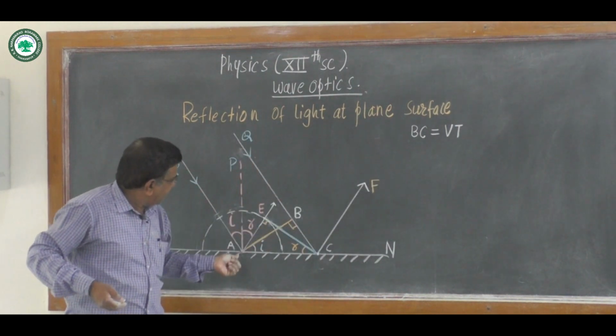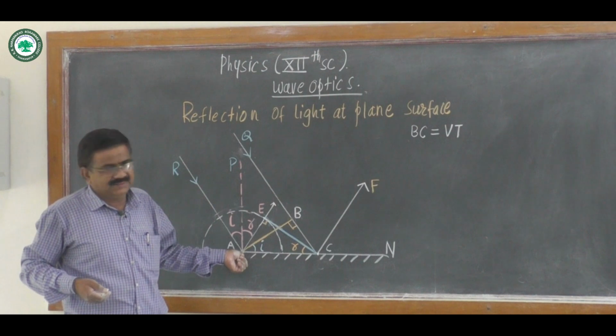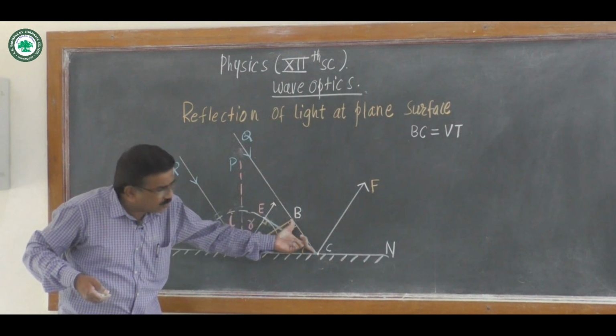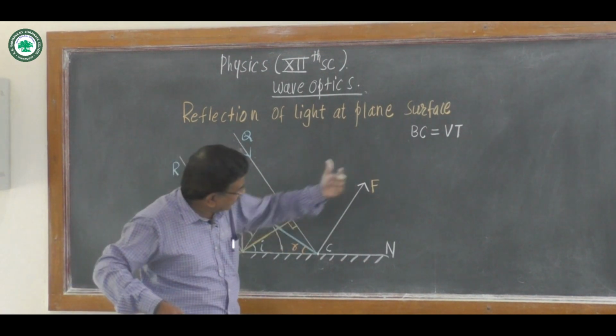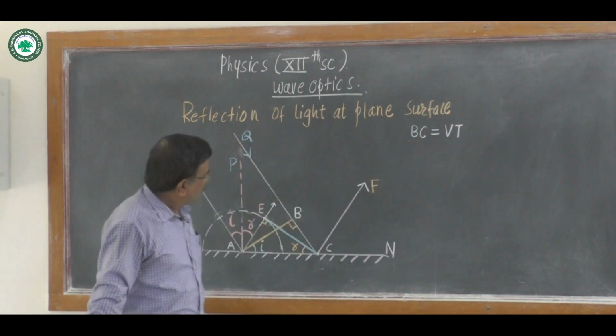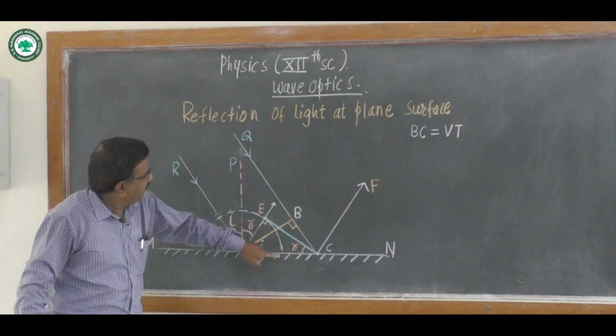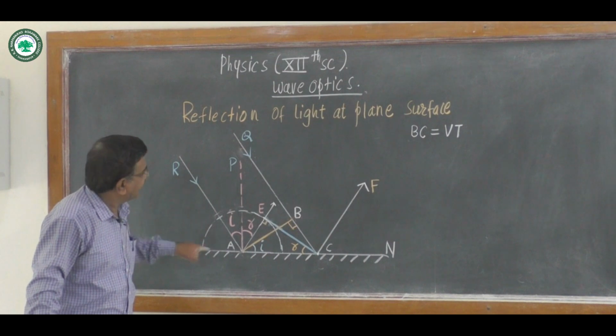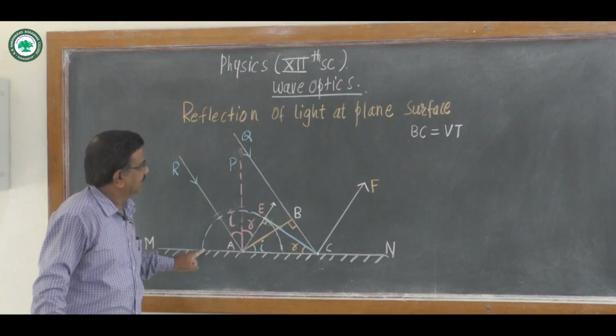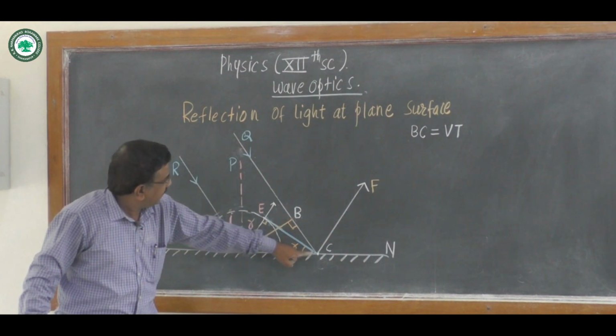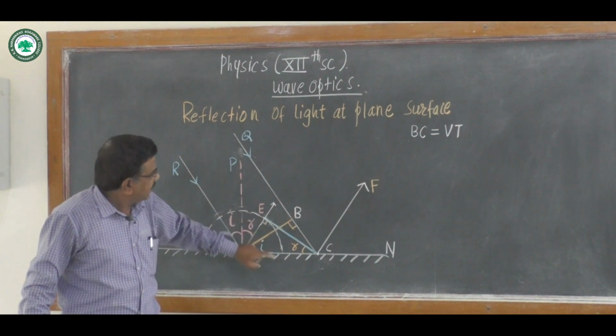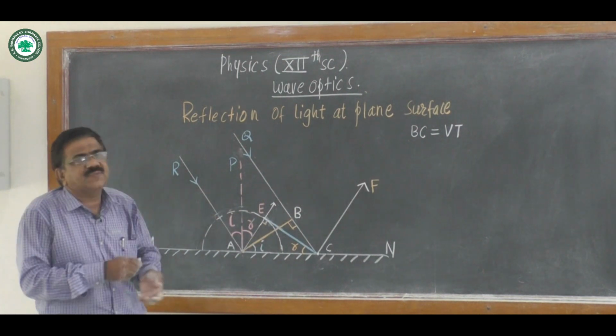So by taking A as center and radius equal to BC, that is vT, we draw a hemisphere like this by dotted line, and this CE is tangent to this hemisphere.